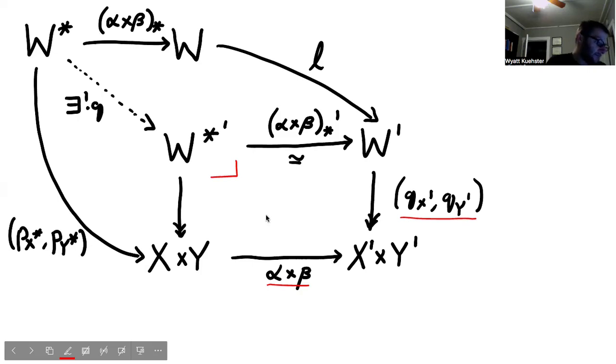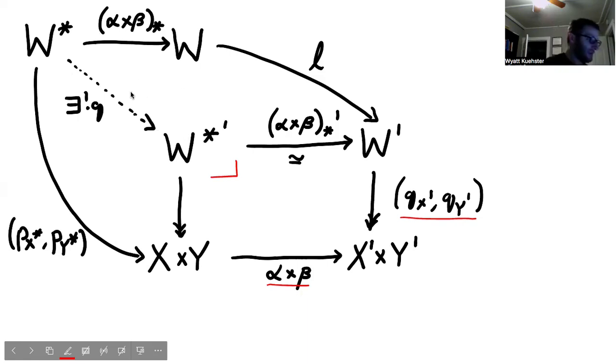And so actually, if I took the map from W to X prime cross Y prime, I would get a pullback square up here. But let's not do that.